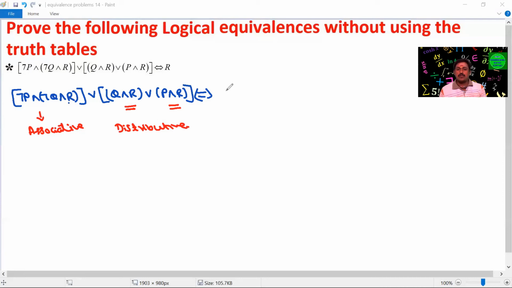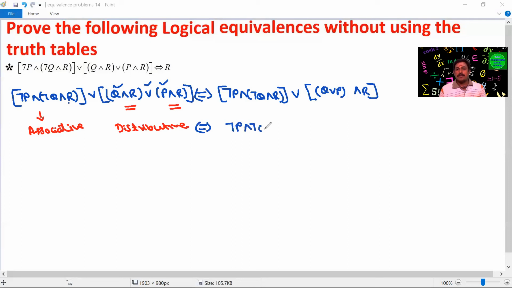So using these two laws, I'm going to write the next step as not P and not Q and R. I didn't apply the associative law at present; I will keep the term as it is. First, I'm going to simplify this one. If you take and common here, we write the remaining terms as Q or P. Now I'm going to apply the associative law for this one by combining the first two terms.